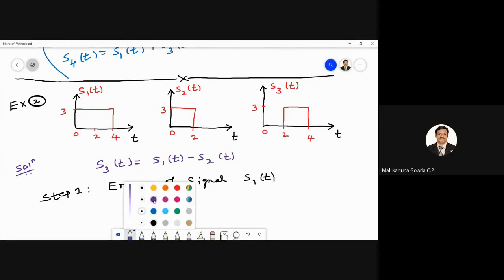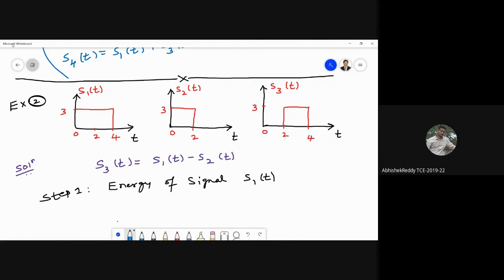What is the formula I have to use? I am asking for the energy of signal S1 of t. Usually I denote energy by E, so E1, because I want to find the energy of the signal S1 of t. So E1 is equal to what?